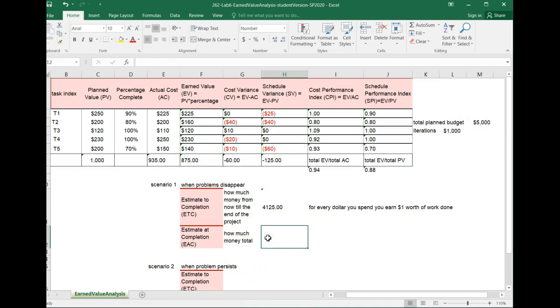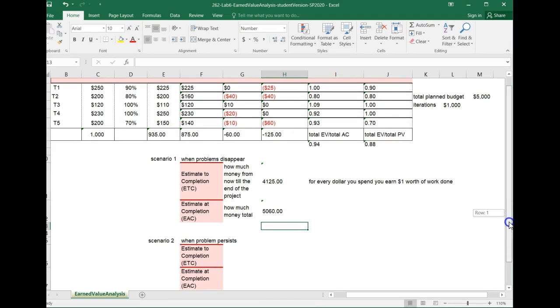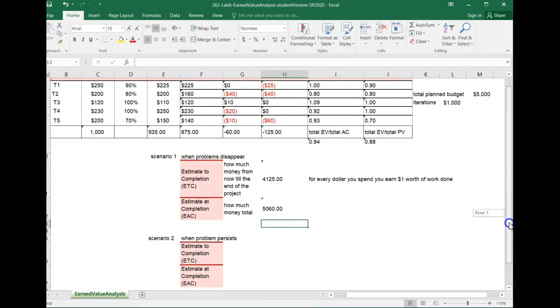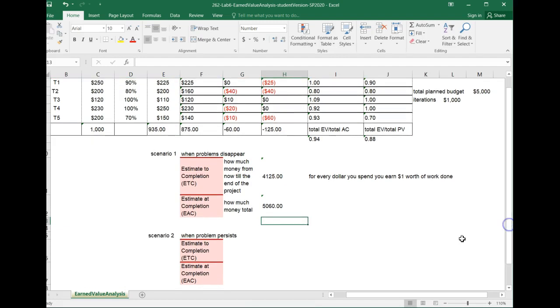And then how much money total will be spent on the project would be what you need to spend from now till the end, plus what you have spent so far. Very easy. Yes, so this is going to end up being $5,000 and 60 extra. This is the total money you would spend by the end of the project.